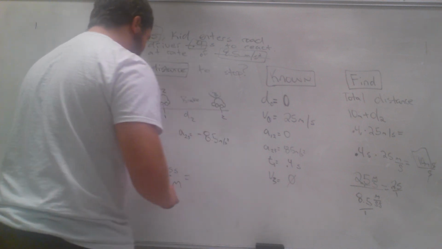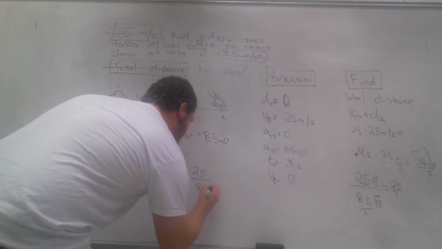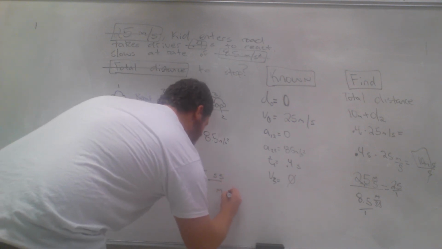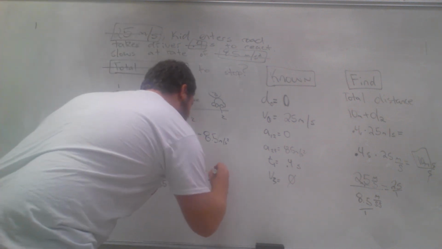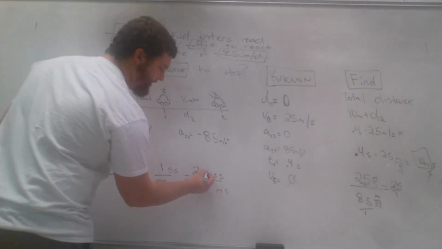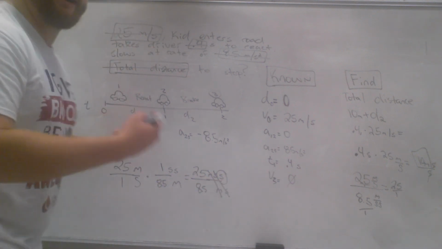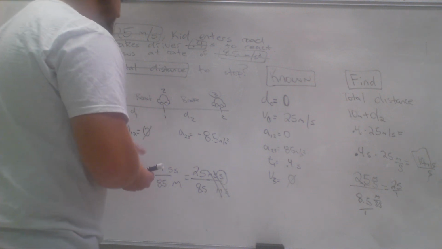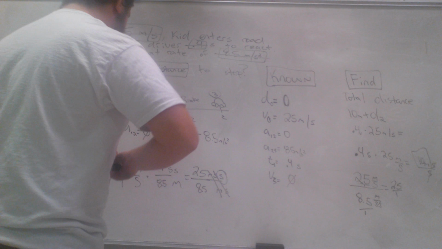I still have to divide, so 25 over 8.5. But I'm going to get seconds squared over meters per second, and I get meters on top too. So now my meters cancel out, my seconds cancel out, and I'm left with a second. So this is going to give me a time, right? Great. So now I have a time that I can plug into my velocity.